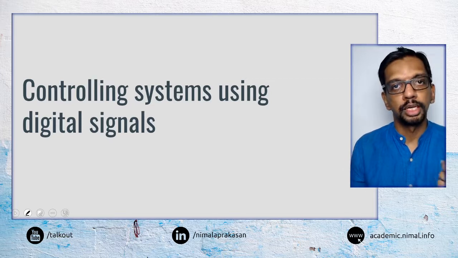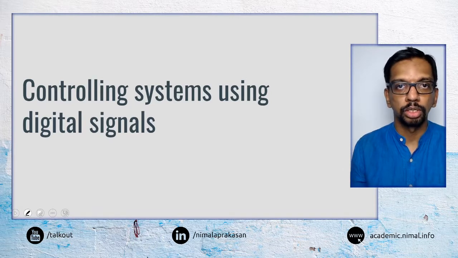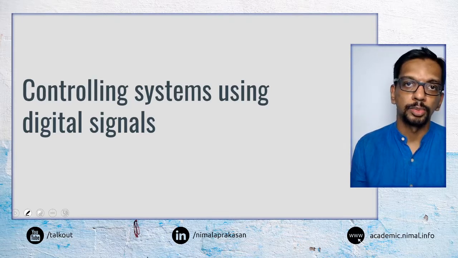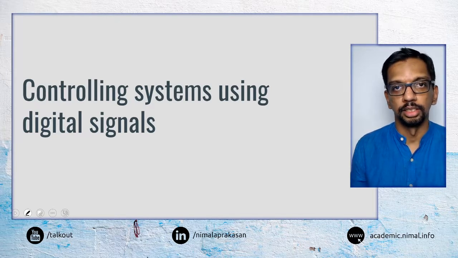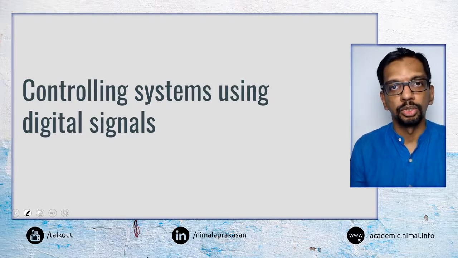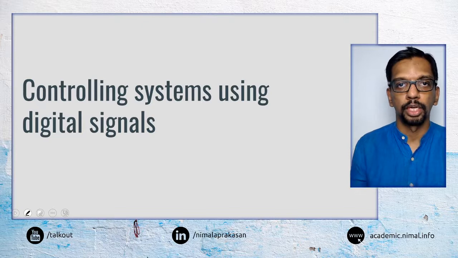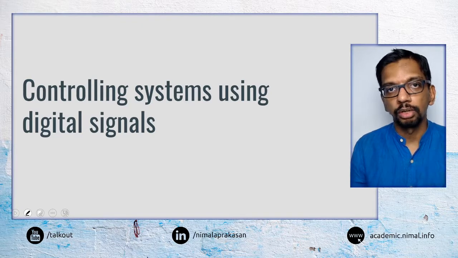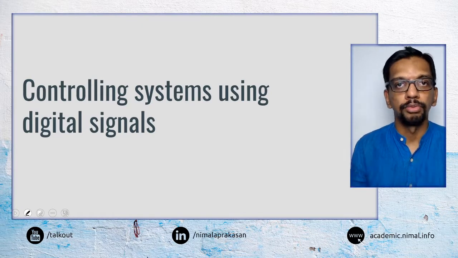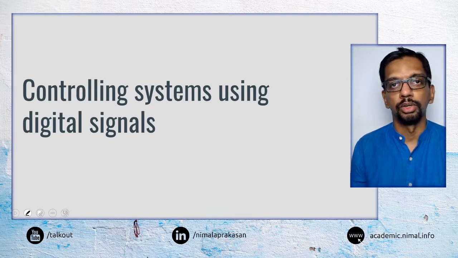Even if you take a simple television with a remote control, normally from a remote control, the signals are transmitted to the television as digital signals, and that is in itself making some control. It is controlling the way that particular system is performing. So that we can take as an example of a simple digital control system.